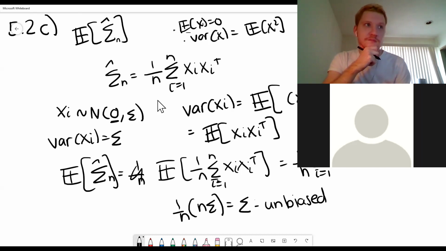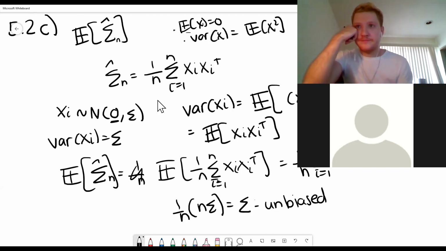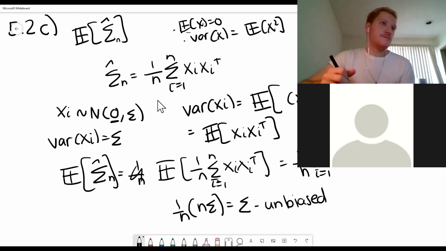What are you confused about? Any of the steps? Oh, you just replaced this with sigma. The key point is that the expectation of xi is 0, right?